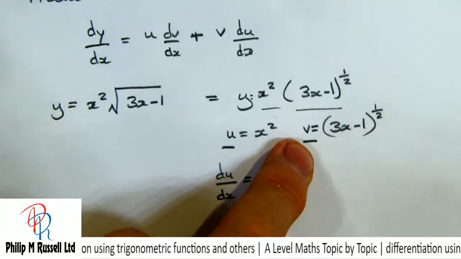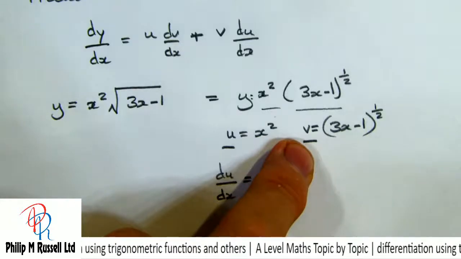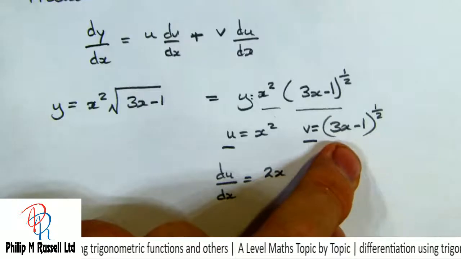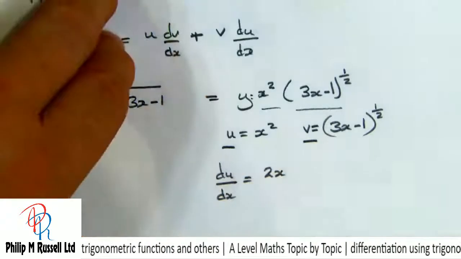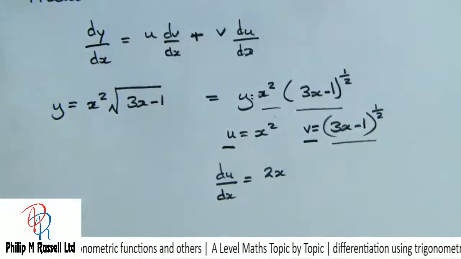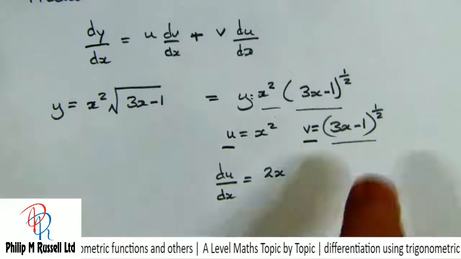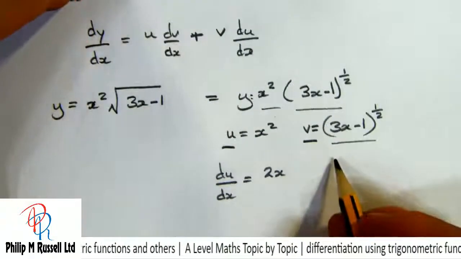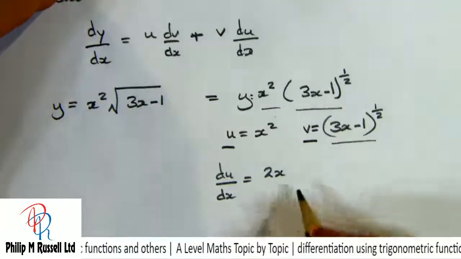Now we can see that this thing is not going to be that nice, because this also is one of those nasty chain rule things that we need to do. So I'm going to go off and do that chain rule.